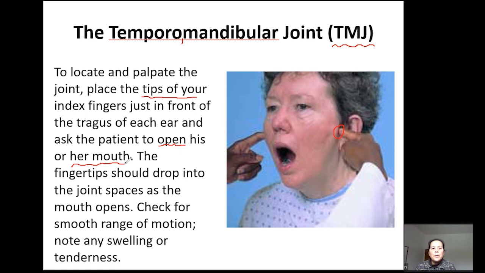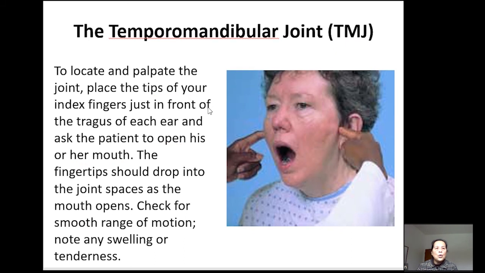It should be a pretty smooth movement, with no pain, no swelling, no tenderness. That's the normal TMJ. Everybody can try to find your own TMJ. If I put my finger on my TMJ right now, I can feel the joint moving under my fingers. So that's the TMJ.